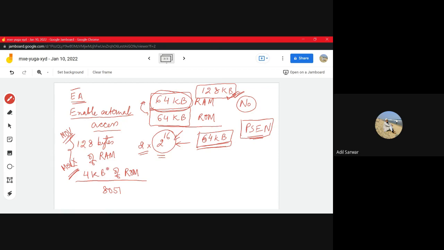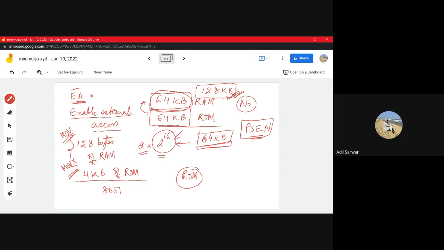But when it comes to ROM, there is an issue. The issue is whether, when we are talking about the address of ROM, we are talking about internal ROM or external ROM. So that is identified by this EA bar.